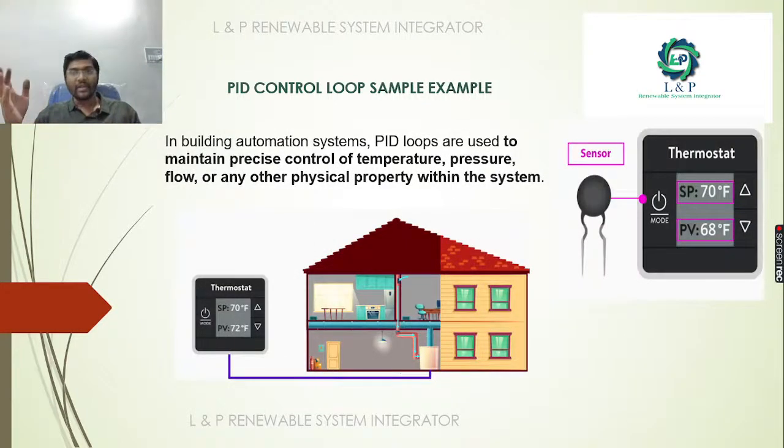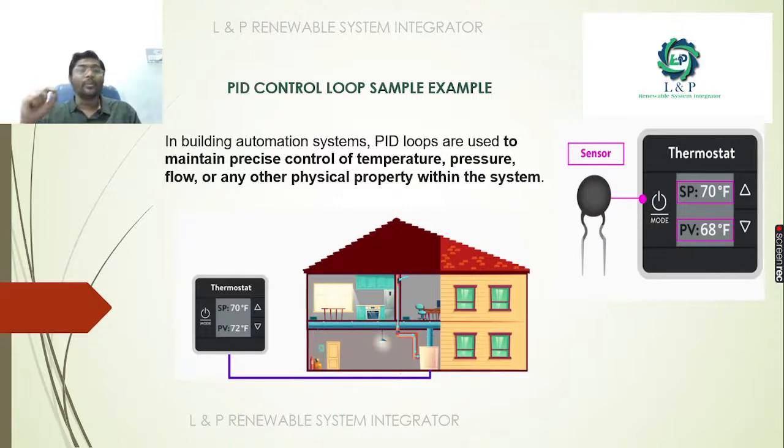And in building automation systems, we can use it for precise control of temperature and pressure. See here, we can have a thermostat, so we can set a set point at 70 degrees Fahrenheit, and at present your present value is 72 degrees. So what will it do? It will try to lower it to 70 degrees.